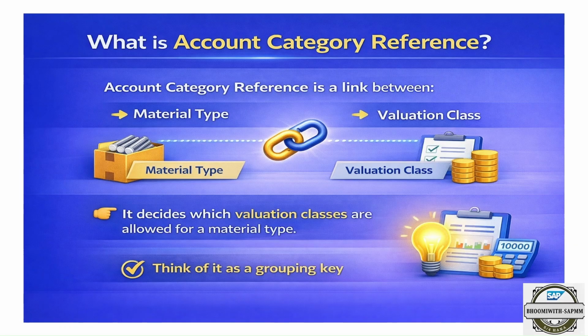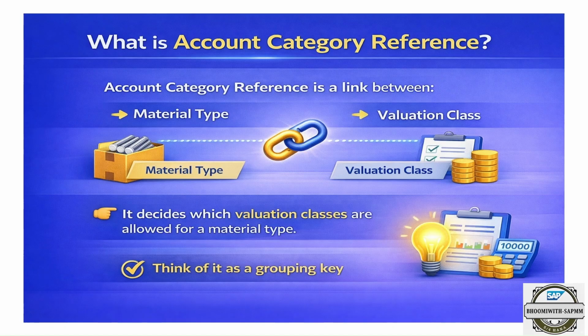Now let's understand what is account category reference in SAP MM. Account category reference is a link between material type and valuation class. In simple terms, it decides which valuation classes are allowed for a particular material type.